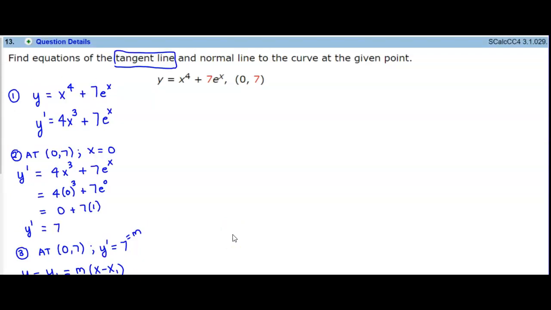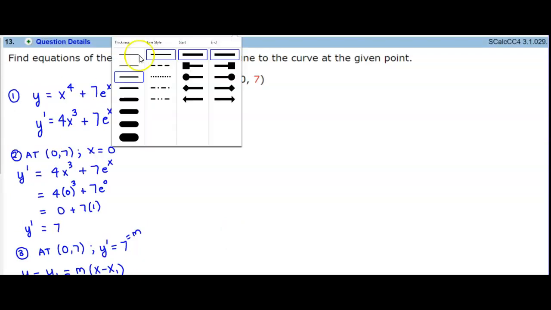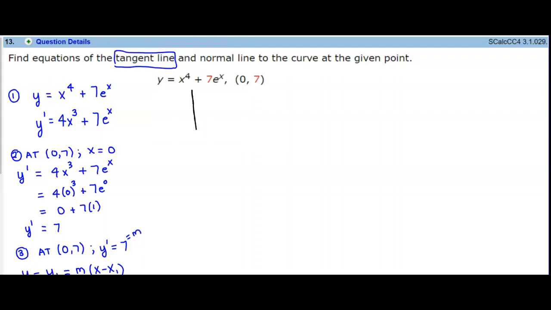Okay, so now let's go ahead and find the normal line. So what do we know about the normal line?